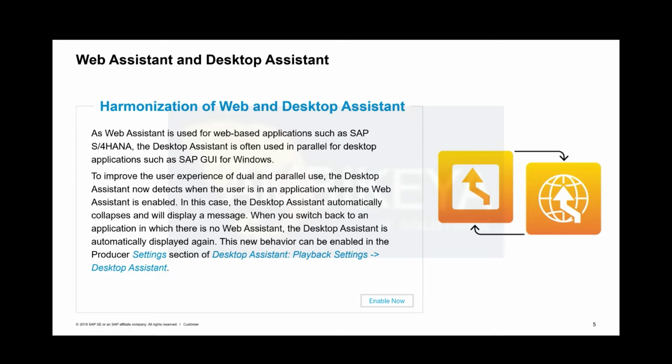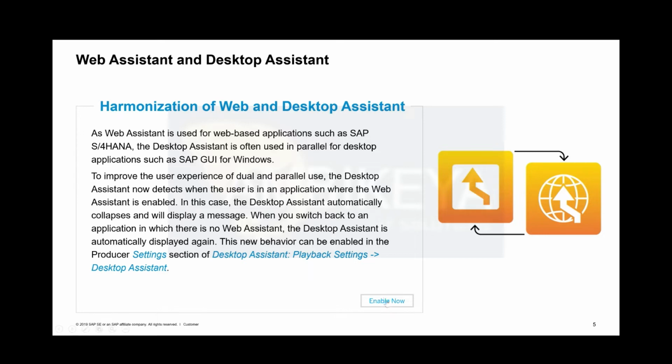So our approach should always be considering not two applications, web versus Desktop Assistant, but considering both as the EPSS solution parts of Enable Now as one solution. And this is absolutely possible now, since Web and Desktop Assistant are aware of each other.